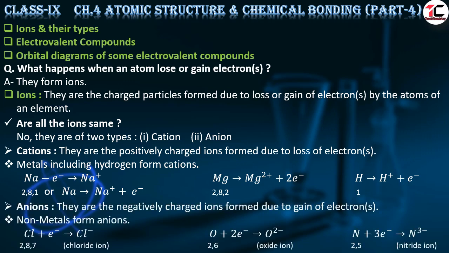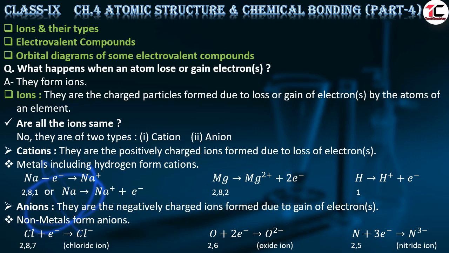What are anions? They are the negatively charged ions formed due to gain of electron or electrons. Generally, non-metals form anions. For example, chlorine, its electronic configuration is 2,8,7, so it needs 1 electron to complete its octet. So chlorine gains 1 electron and forms chloride ion.